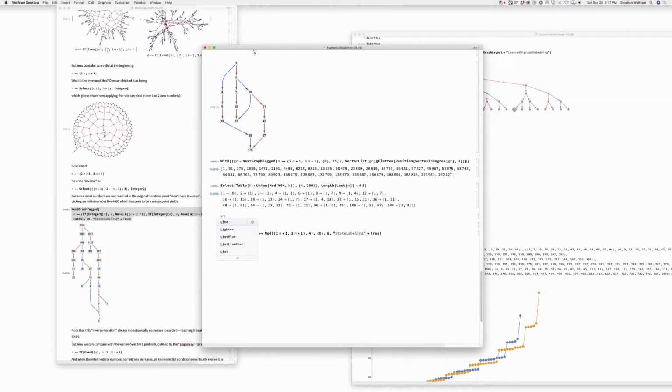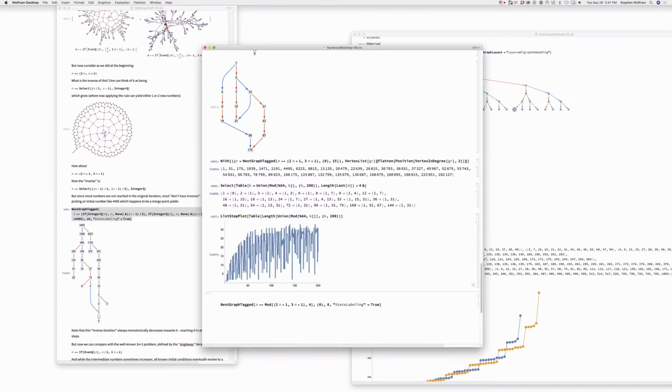Just a list step plot of the length of the union of mod K. The length of union is not going to say how preferred it is, right? No, that's a different issue. I agree. That's a different issue.